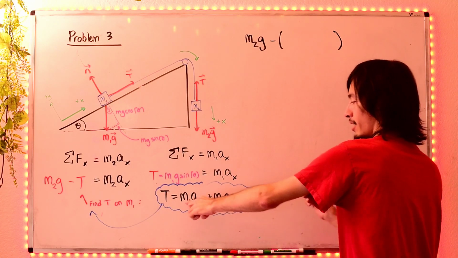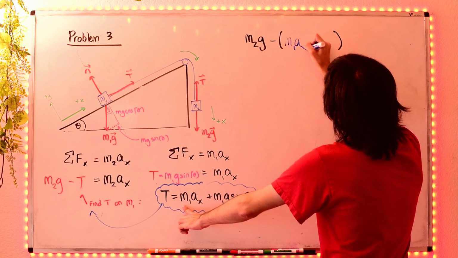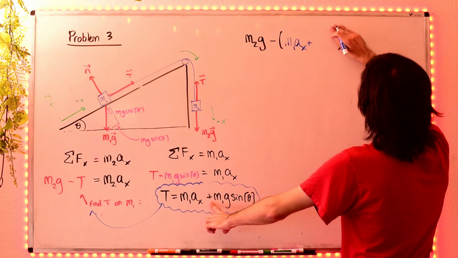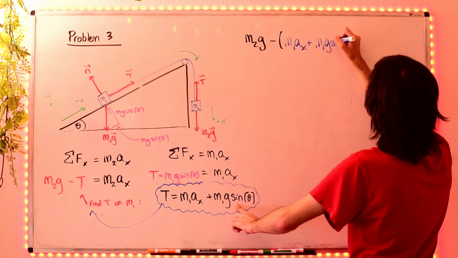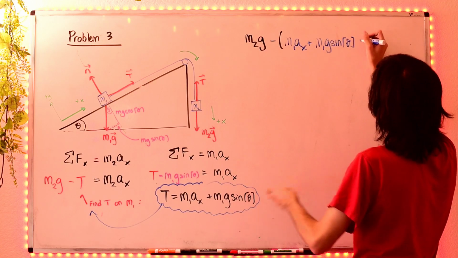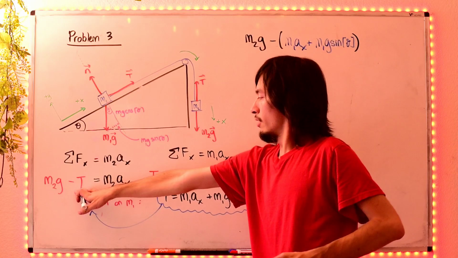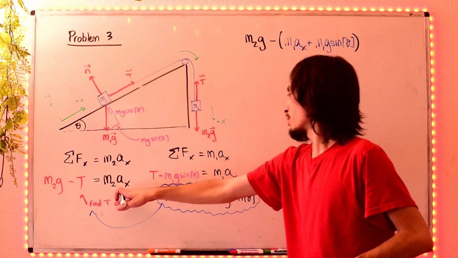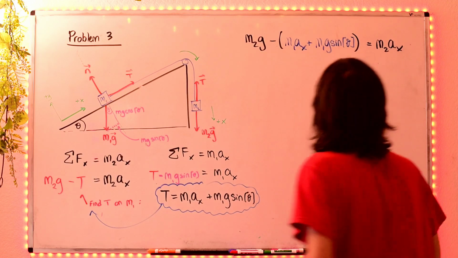We have T is m1ax plus m1g sine theta. So that's the entire term for the tension here. And then we're going to set it to the right side, which is m2ax. Okay.